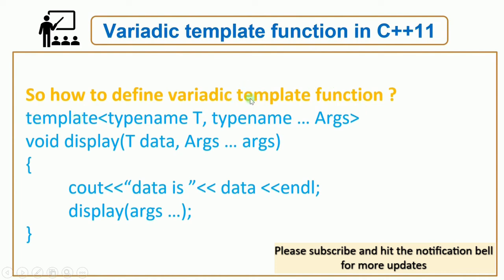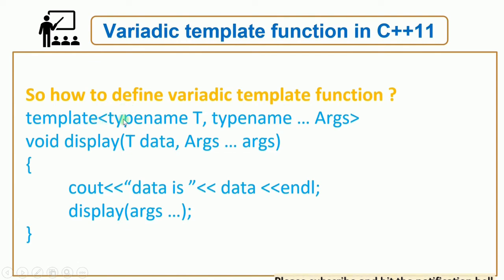To define this variadic template function, first of all it is a template function, therefore the template keyword, and variadic means the number of arguments will be changing. So we have to define it like this: the template, and then in triangle brackets, typename capital T, and comma. So you have to add this additional thing to make it a variadic template function.